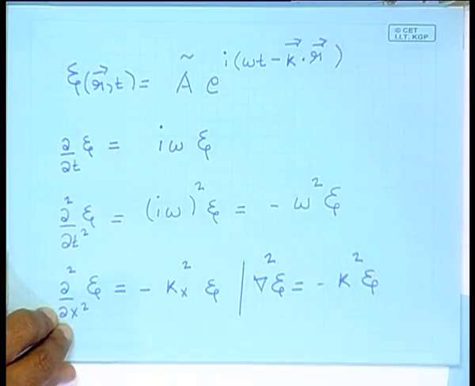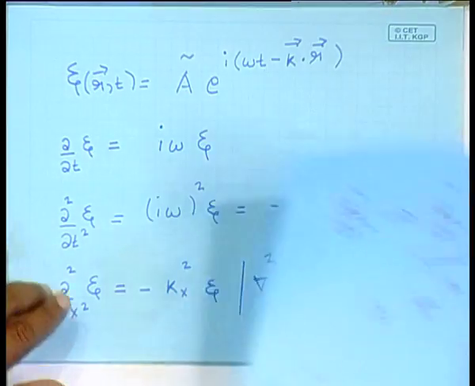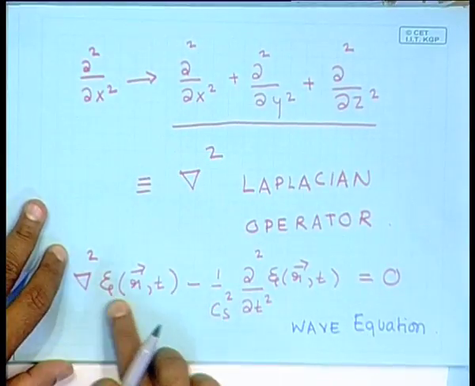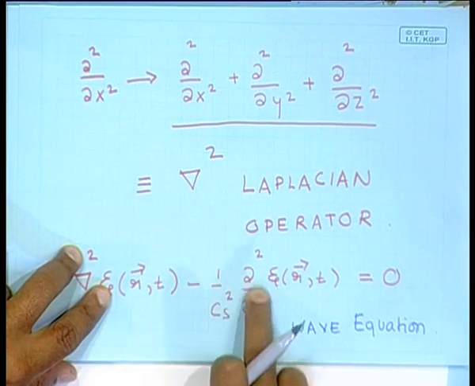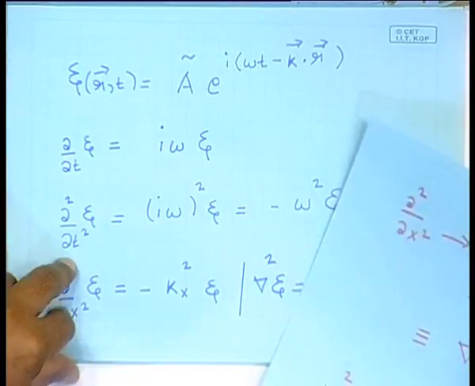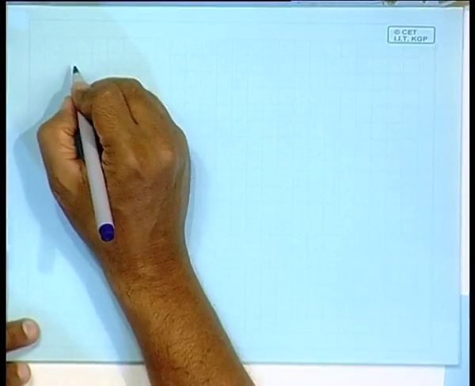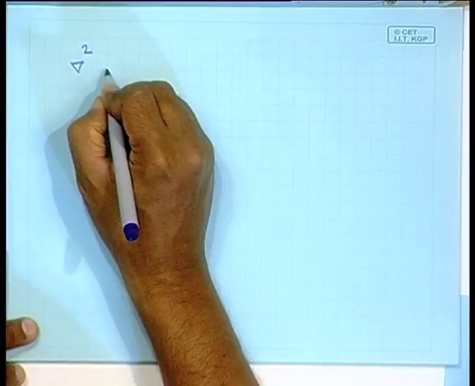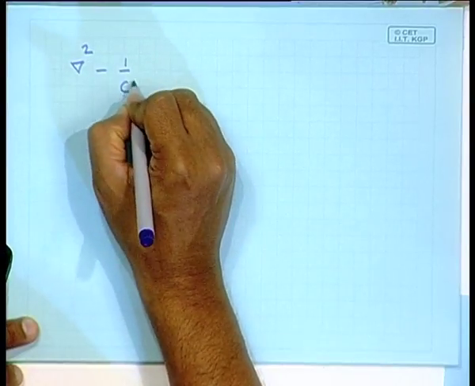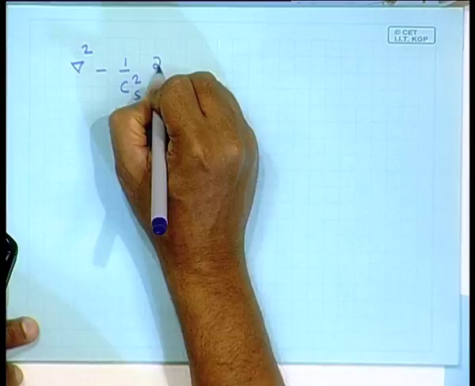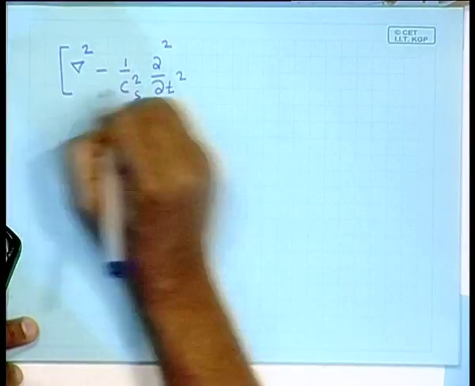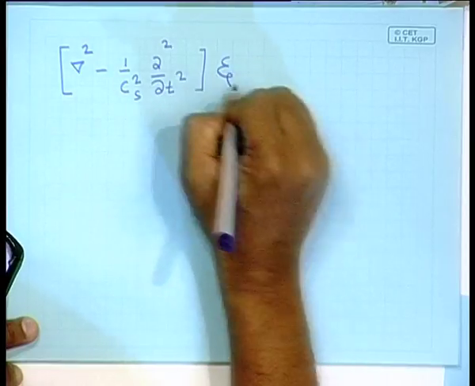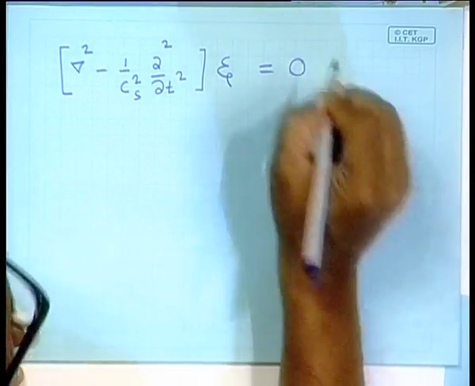So, if we plug this into the wave equation, this term gets replaced by minus k squared xi, this term gets replaced by minus omega squared xi. So, let me combine all of this. The wave equation was del squared minus 1 by Cs squared del squared by del t squared, acting on xi, equals 0.